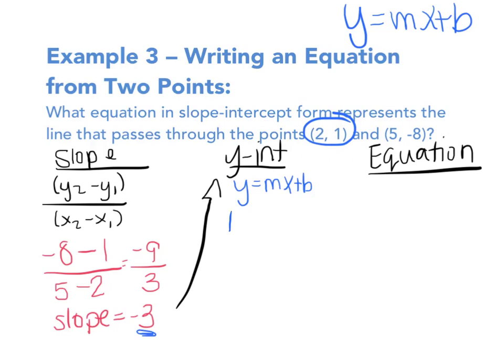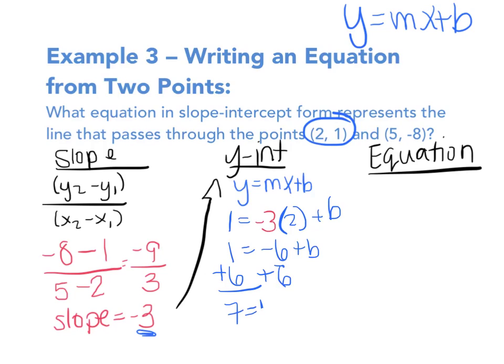So I'm going to say 1 equals, well, I know what my slope is. We found it was negative 3. And then I'm going to plug in the x value from the same point. So 2 plus, and this is what we're looking for, b. We don't know b. So 1 equals negative 3 times 2, which is negative 6, plus b. I'm going to solve for b by adding 6 to both sides, and I get 7 equals b.